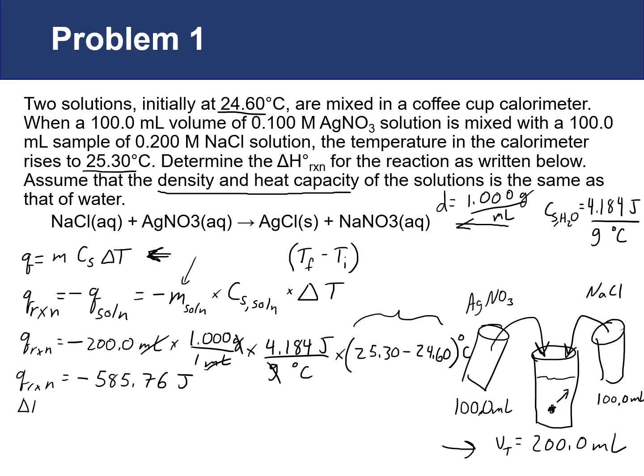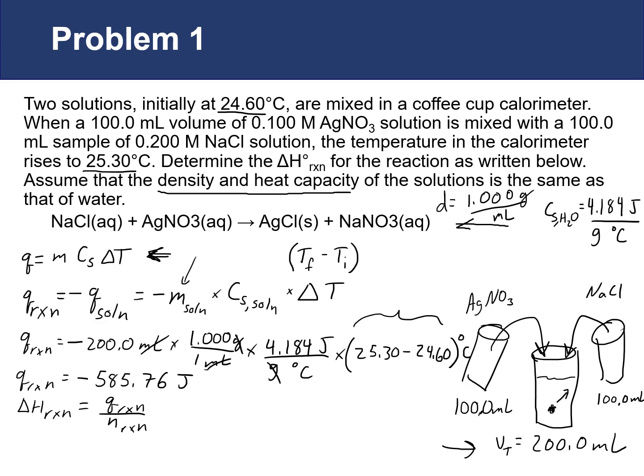So our delta H reaction is essentially our Q for our reaction divided by the number of moles of reaction that occur. Because we have the same volume and two different concentrations, one of our components is going to run out first.